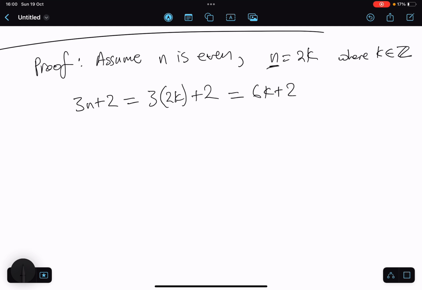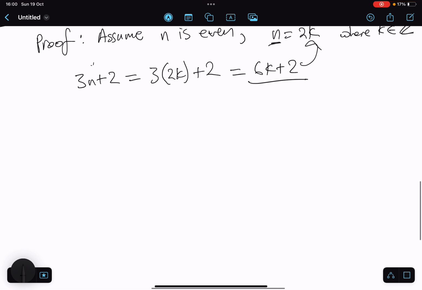From here, we need to represent the statement in this format so we can prove that 3n plus 2 is even. If I factor out 2, I'm going to have 3k plus 1.